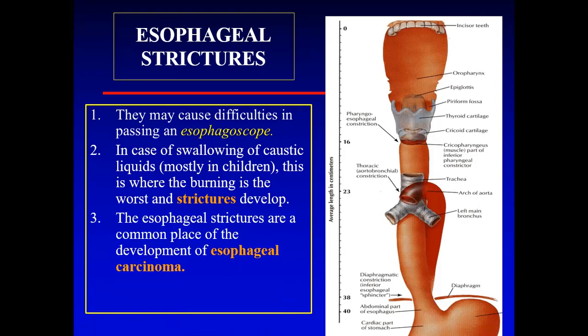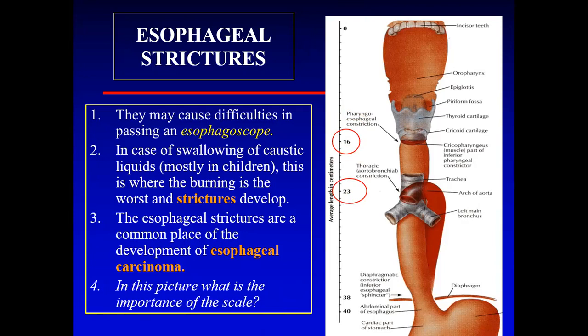Third, esophageal strictures are a common place for the development of esophageal carcinoma. These are also the regions of regular friction from food particles, which can lead to esophageal carcinoma, in the same three regions.